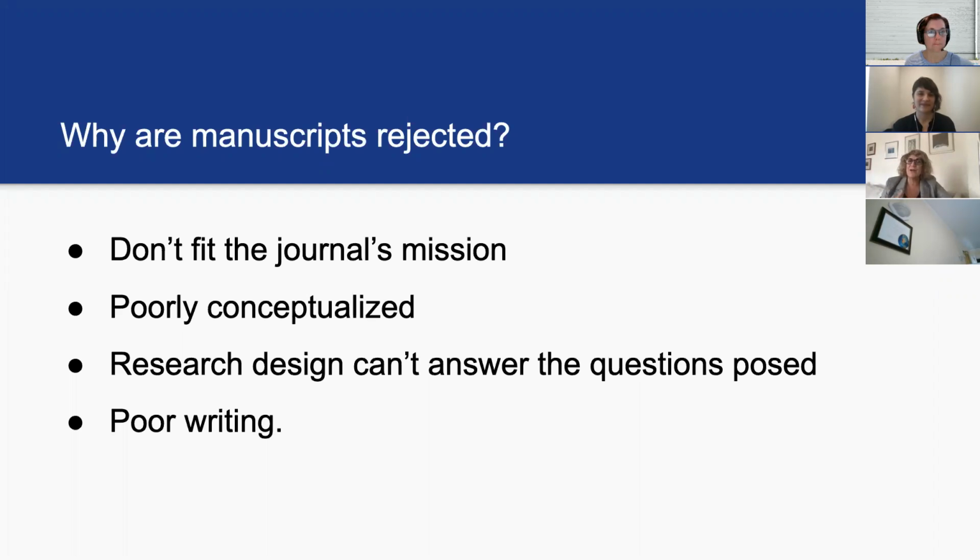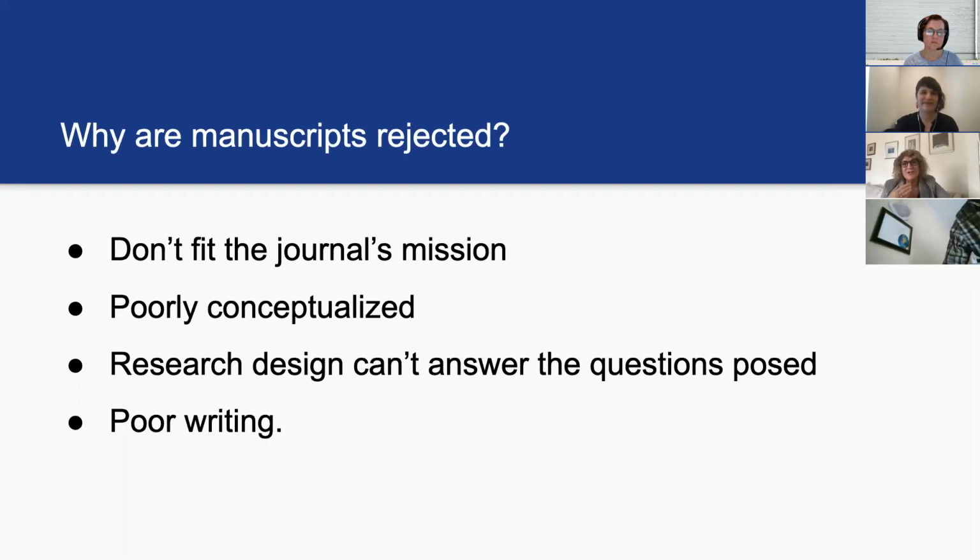So you have to fit the mission, but you also have to make the case in the beginning for how you're conceptualizing your study, what research question you're asking, what gap in the literature you're filling, and how this fits with the journal. If they've recently published articles on your topic, you can say, as shown in this journal, child mental health is an important issue during the era of COVID.